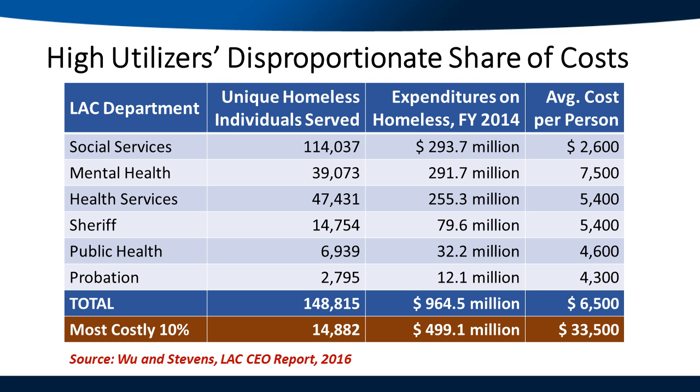So obviously, if we are able to intervene, help these individuals improve their housing stability and maybe improve their situation in these other sectors, we not only can help them improve their lives, but we could probably take a big chunk out of these expenditures and use them on something else, improve services for many other individuals in the county.